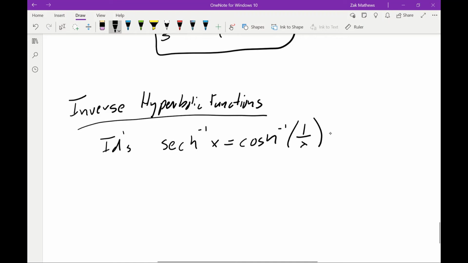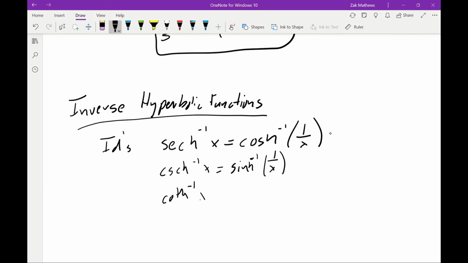If we were to look at the reciprocal function for the cosech function, it is the sinh, but again, because we're now looking at the outputs, we have to take the reciprocal of the inputs. So we'd have the inverse cosech of x is equal to the inverse sinh of 1 over x. And then same thing with the cotanh and the tanh.